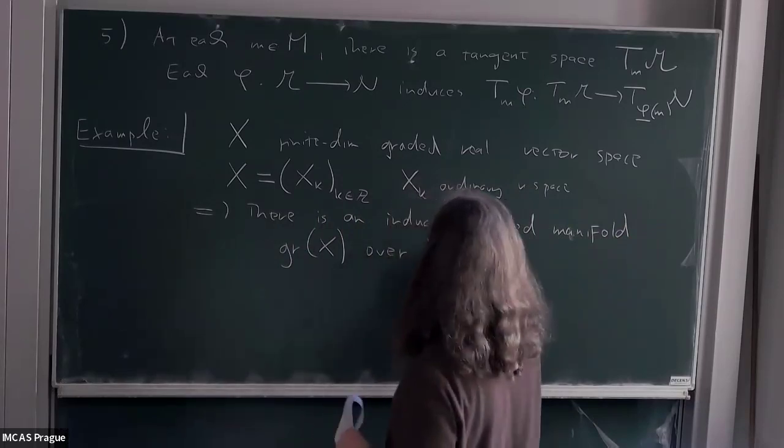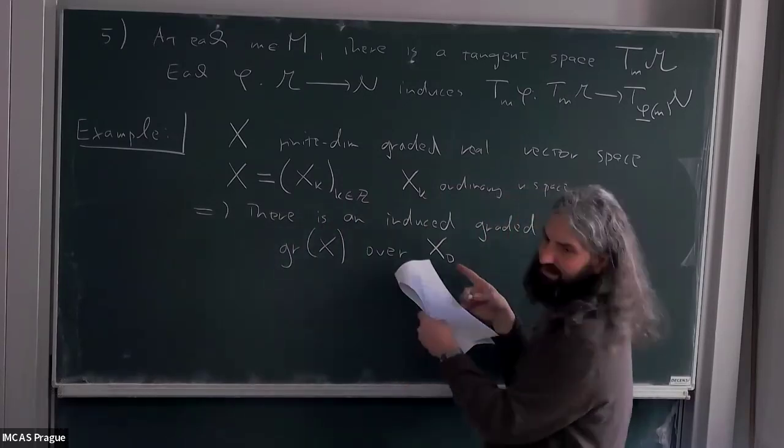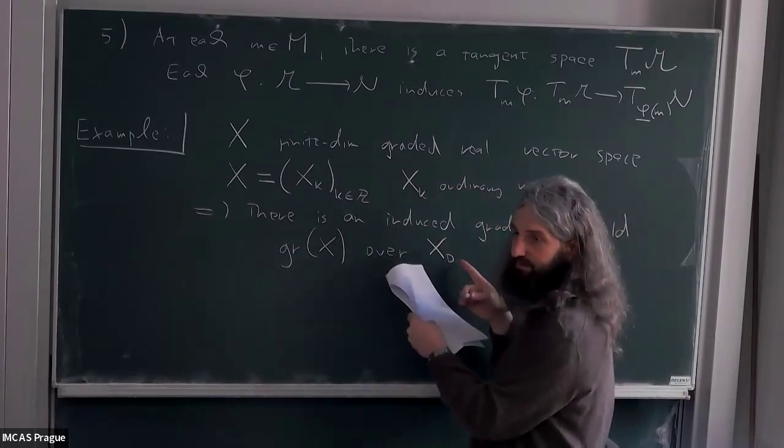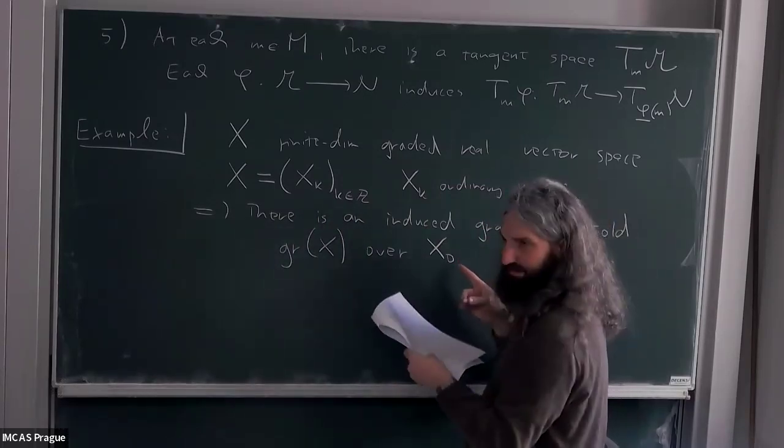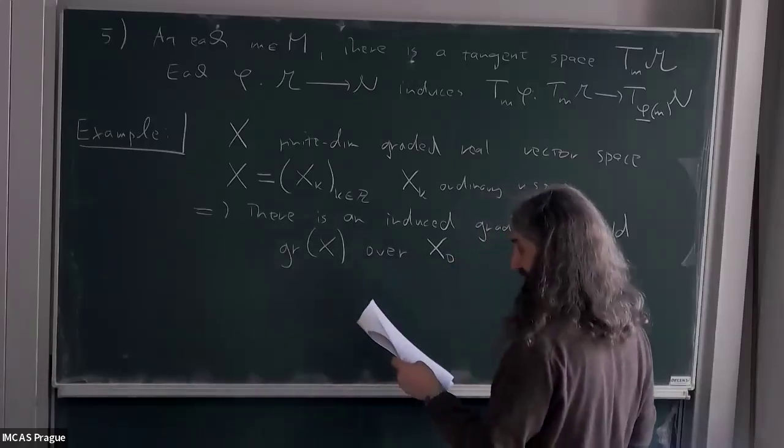The underlying manifold is X_0. So you take the zero component of this graded vector space, and this is your underlying manifold with the usual finite dimensional topology you have on your vector spaces.